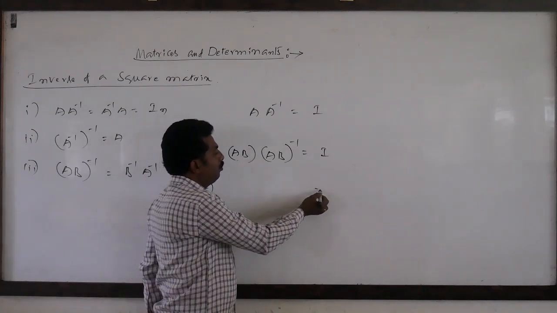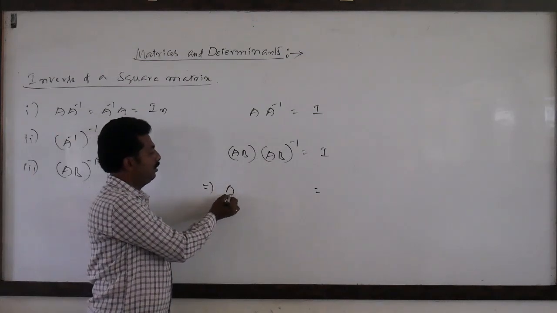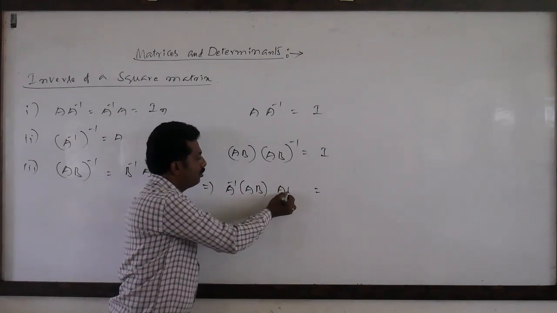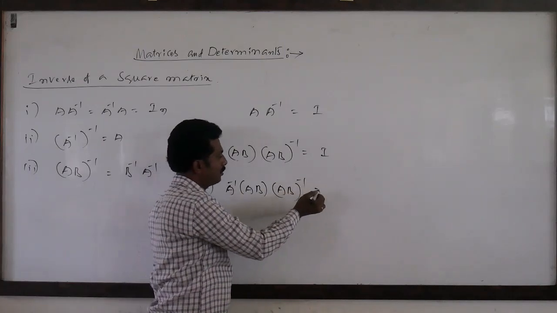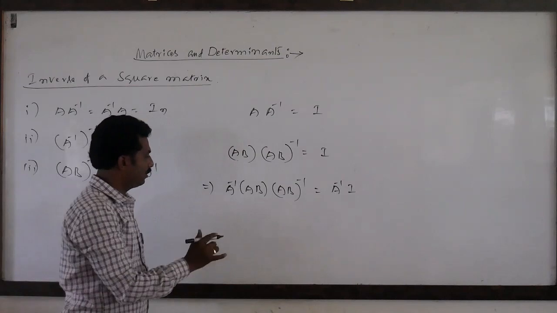Just operating both sides with A inverse: A inverse into AB into AB whole inverse equals A inverse into the identity matrix.